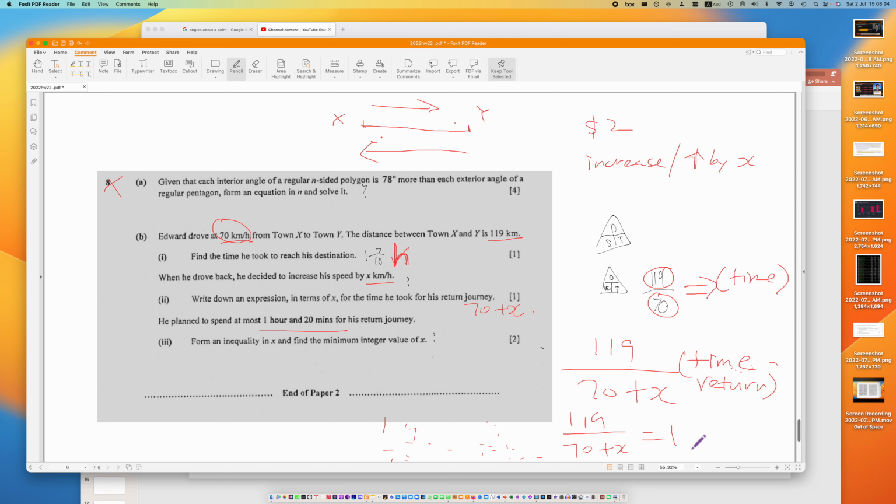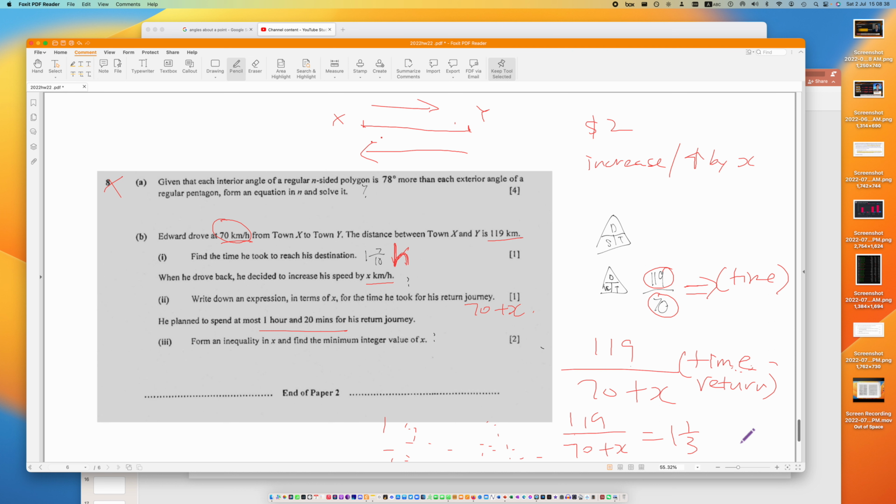Just use proportionality. 20 minutes is 1 over 3, right? So it's 1 and 1/3. So with this, what is x?